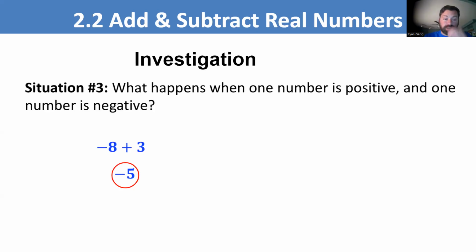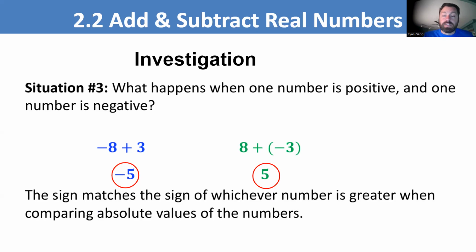What happens here is if I make the 8 negative, negative 8 plus 3 is I owe $8, but then I find $3 on the ground, and I now only owe $5. What happens if I put the negative with the 3? If I have $8 and then I spend 3 of them, so that's the negative 3, I still have $5 left.